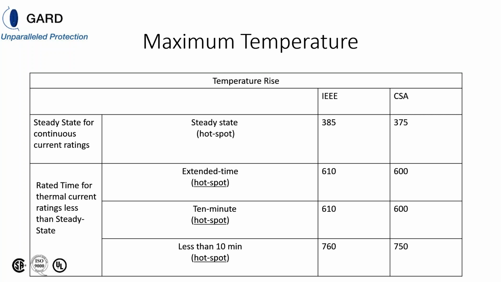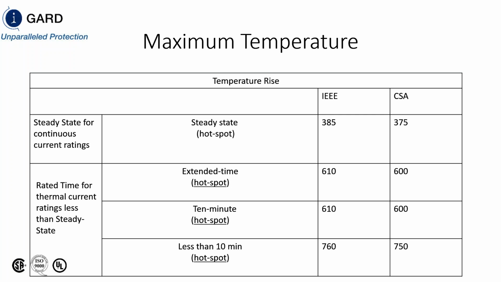So IEEE C57.32 has a hotspot steady state rise of 385 degrees. So if you have a 5 amp continuous resistor, the temperature rise is 385 degrees C above ambient. Whereas if you follow CSA, it's 375. These are not different numbers.